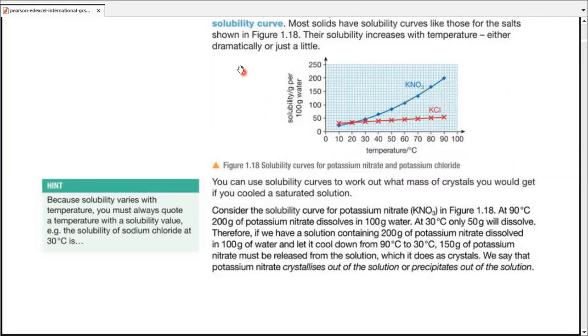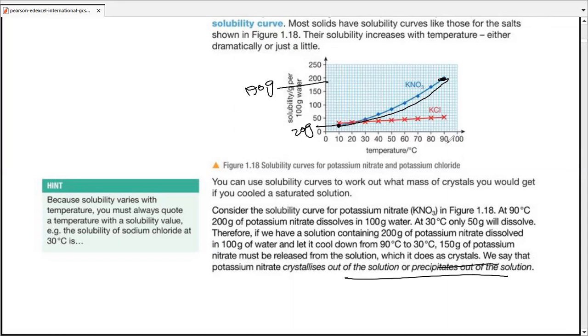One part that is very important is this last line in this paragraph. Remember, let's say we took potassium nitrate, we went from 10 degrees centigrade all the way to 90 degrees centigrade over here. We were able to dissolve from 20 grams all the way to somewhat around 190 grams of it at this temperature.